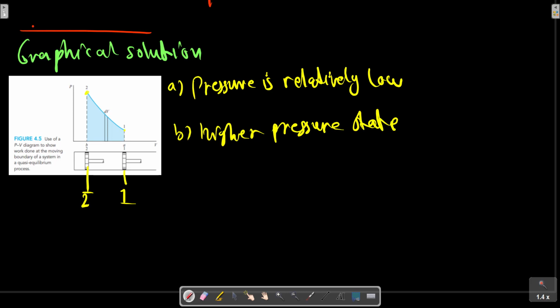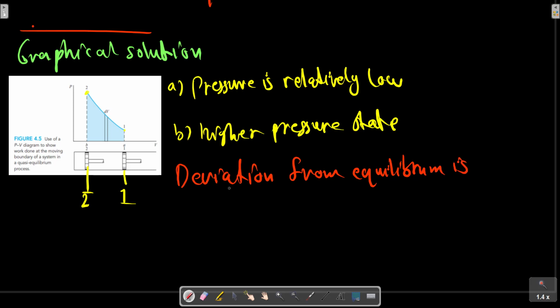The assumption of a quasi-equilibrium process is essential here because each point on line 1 to 2 represents a definite state, and these states correspond to the actual state of the system only if the deviation from equilibrium is infinitesimal.